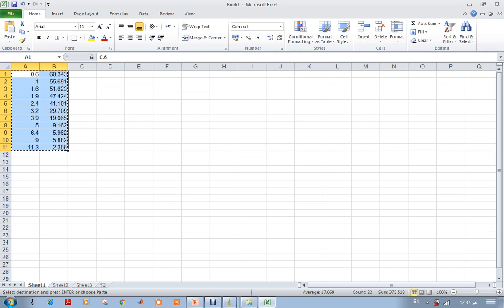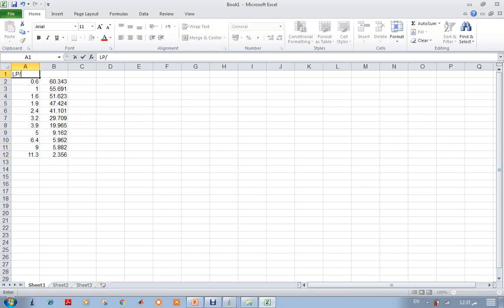Control X, Control V: line pairs per centimeter, this one standard deviation, and this one after normalization.